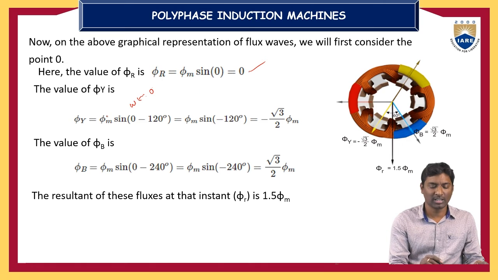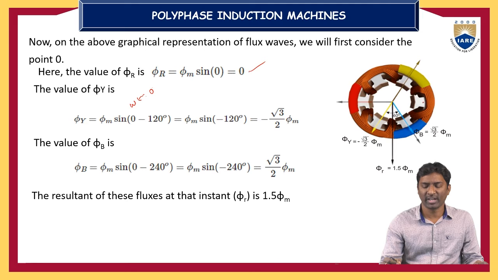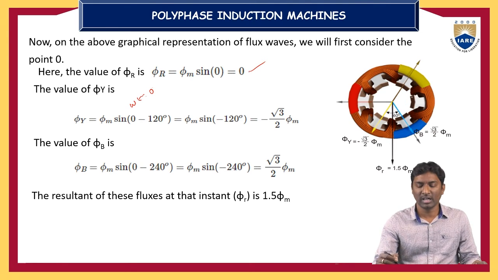So these phi R, phi Y and phi B values I am representing in this three phase winding in the stator. You can see in the diagram also. I am taking that 0 degrees. This is a 60 degrees displacement. Then phi Y I am getting as minus root 3 by 2 into phi m.